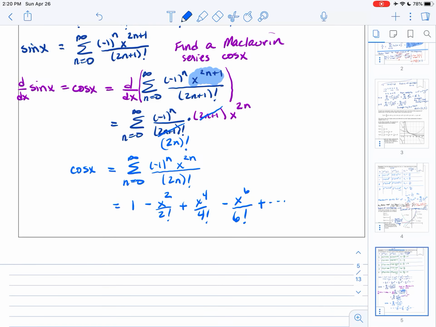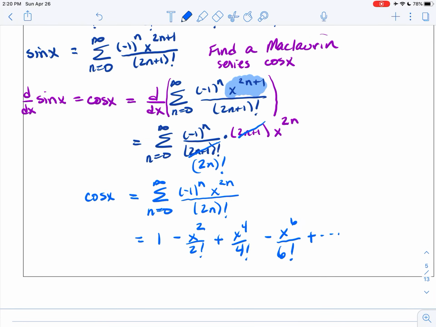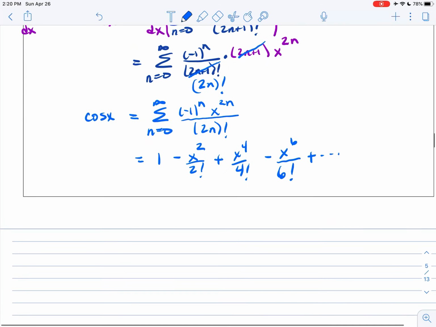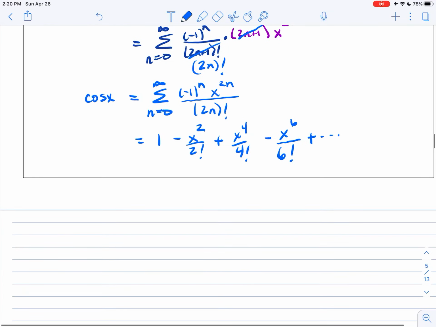In finding its interval and radius of convergence, I can add a page here. And remember, if I just find the interval and radius of convergence for sine x, by taking the derivative, cosine x is going to have the same radius of convergence.